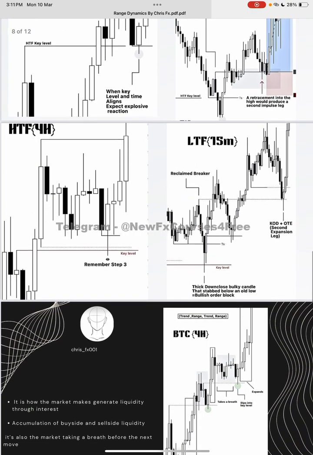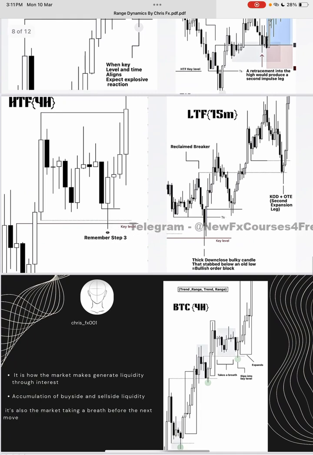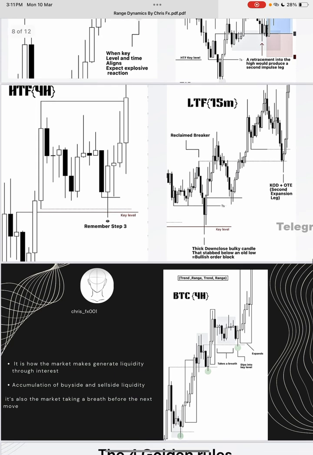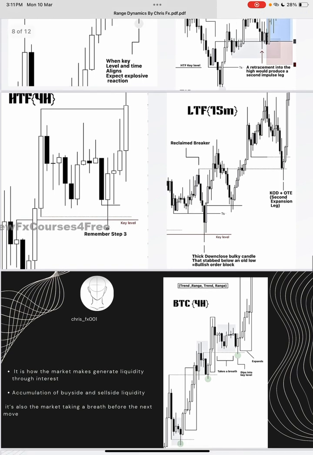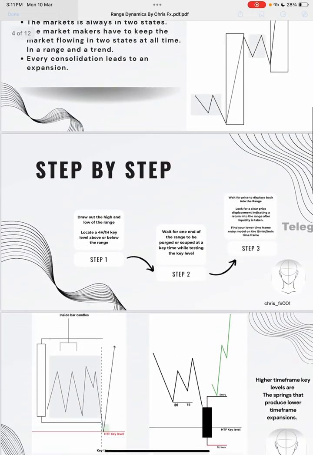So here on the 4-hour time frame, you see the mother and the children pattern. Market takes one side of the range, and you can see that clear wick indicating bullish reaction to the upside. Remember step 3. What's step 3?